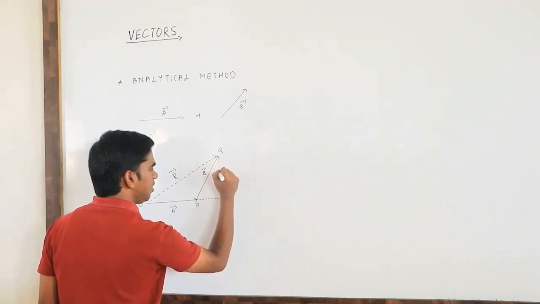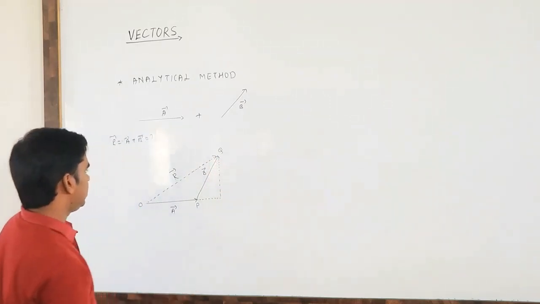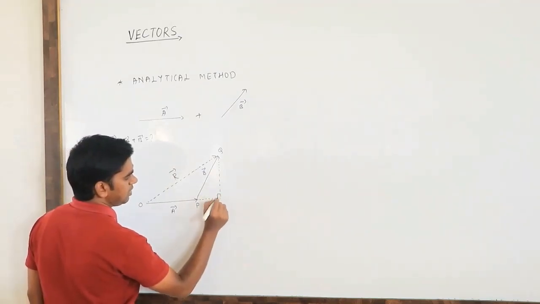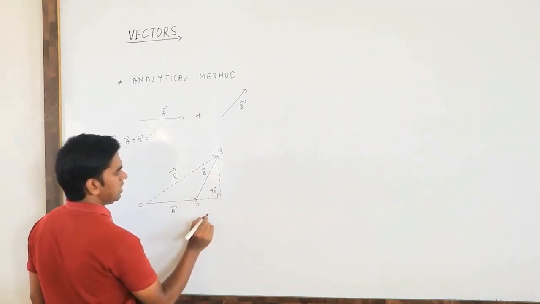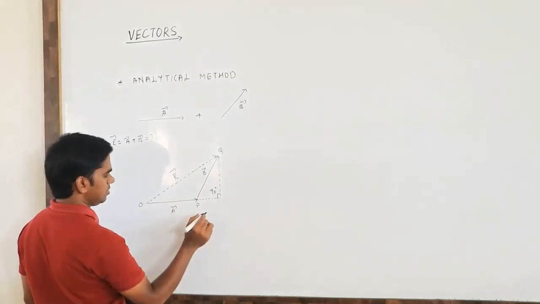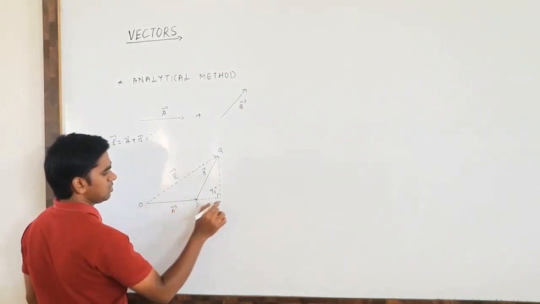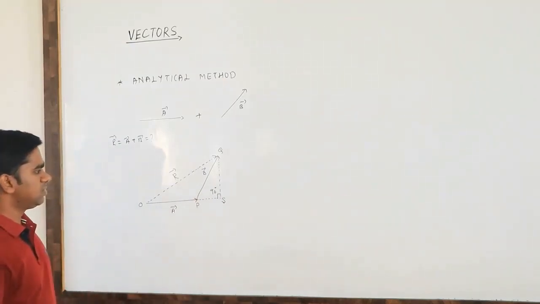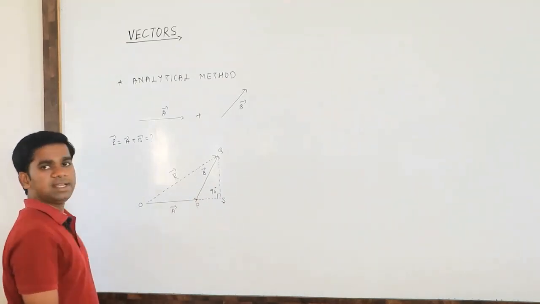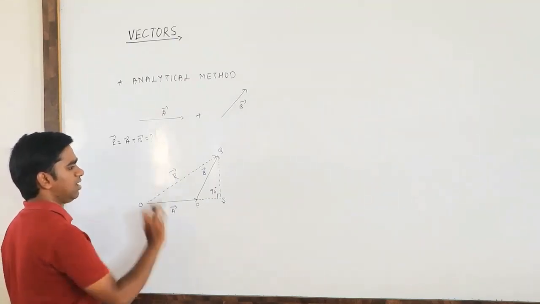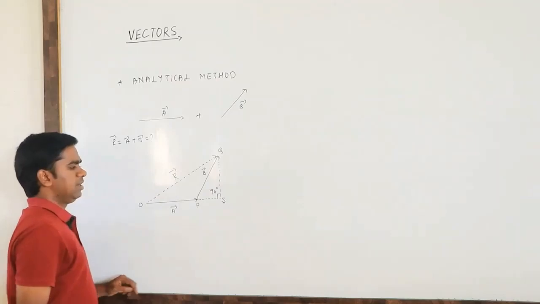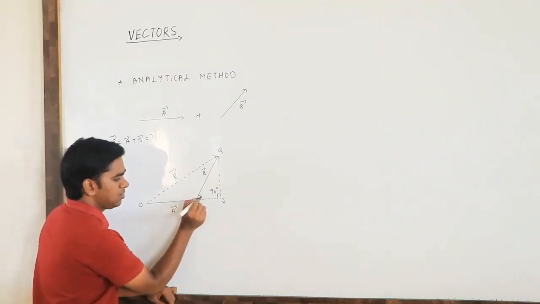And I will join this here exactly perpendicular. So this will be 90 degrees. PQ I will take this as, R is already there, so you can take this as S. Now how can we find the resultant? What you need is R by the analytical method. For that, take this as some angle theta. We don't know how much, but you can take it as theta.